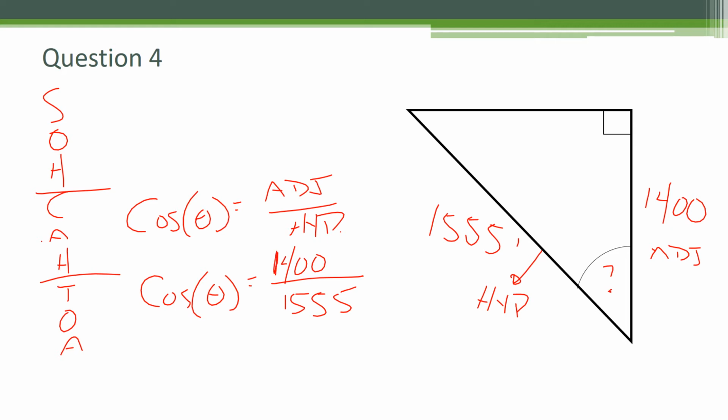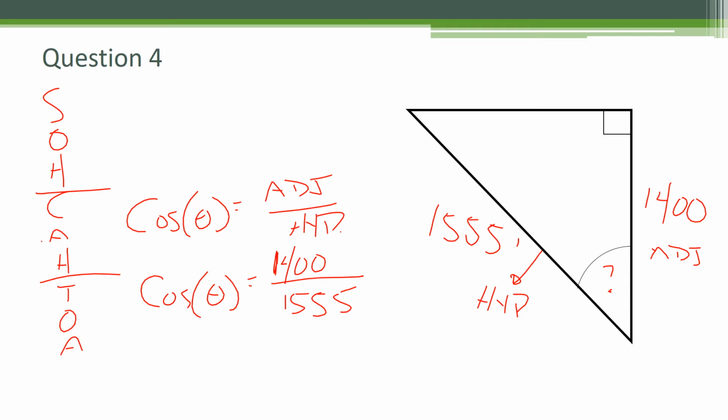It would be 1400 divided by 1555 equals, and then we have to isolate the variable. To do that, on the Casio FX260, you go Shift and that cos button. You'll notice that's the -1. Again, if you multiply something by its reciprocal, you get 1, so it just makes it go away.